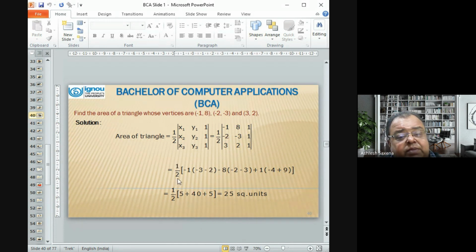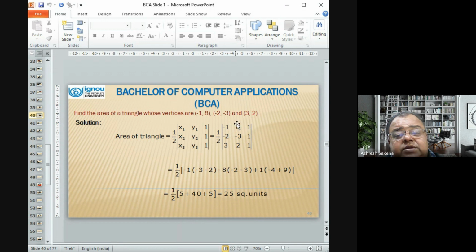Next step will be 1 by 2, bracket, take this number -1, multiplied by -3 into 1, that will be -3, -2 into 1, it will be -2. Close the bracket. The first one is plus, second one is minus, +8, this will become -8.